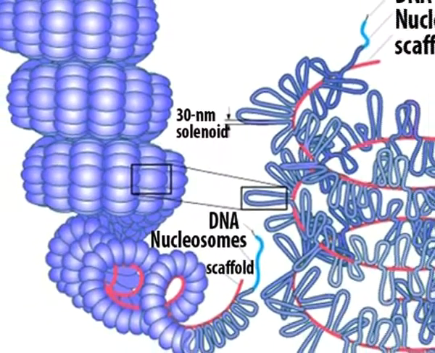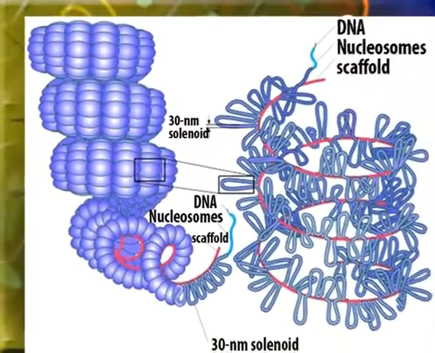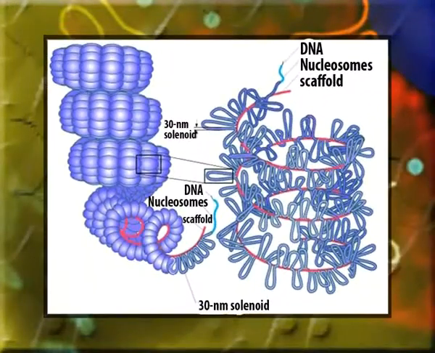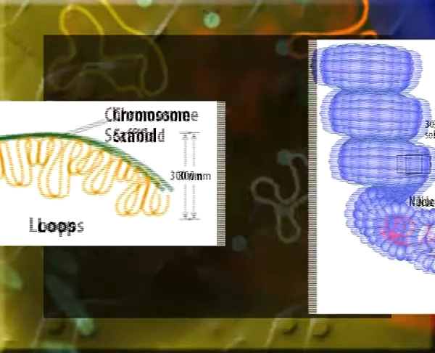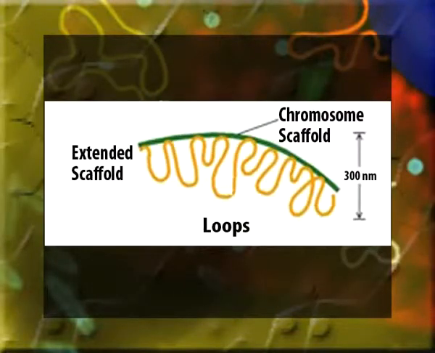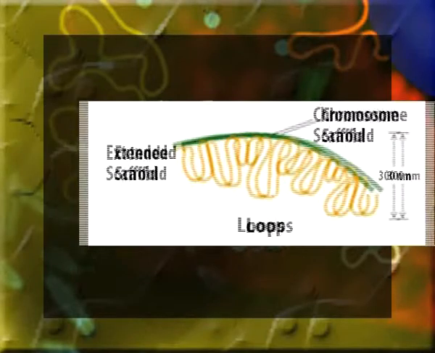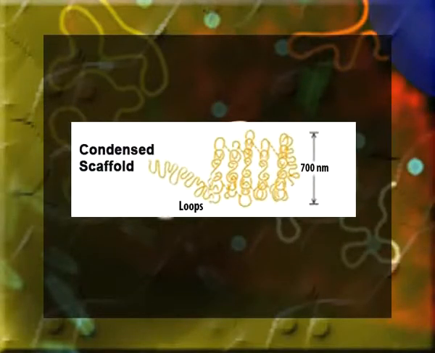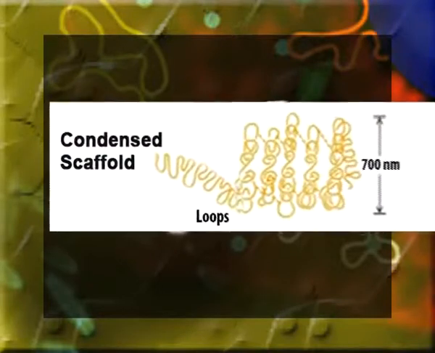The 30 nm fiber is the basic constituent of both euchromatin and heterochromatin. The 30 nm solenoid fiber is organized into looped domain structure. Each loop has approximately 50 turns of solenoid.